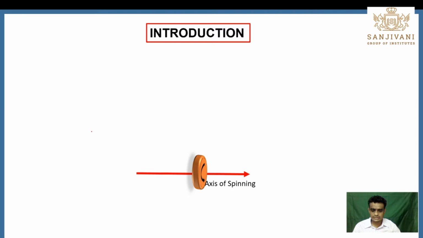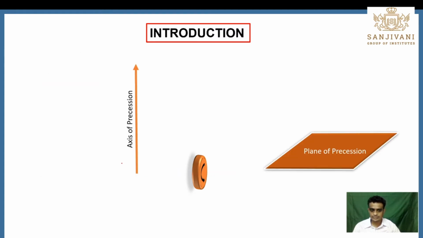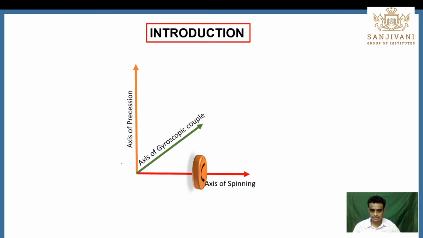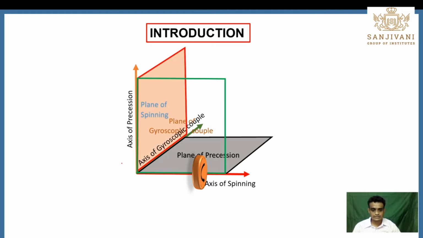Now just consider this is the axis of rotation. We are going to consider these three axes: axis of spinning, axis of precession, and axis of gyroscopic couple. These are the plane of spinning, plane of precession, and plane of gyroscopic couple. These are the three axes which are mutually perpendicular to each other, and these are the three planes.